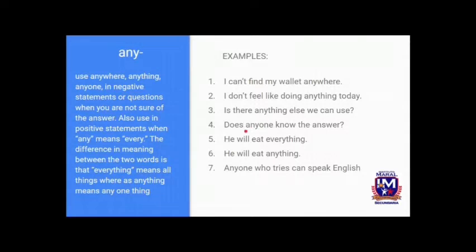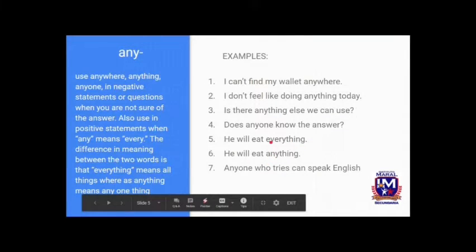Now, it is possible to use any when you are using a positive statement. Here I put, he will eat everything. It is possible to use any in positive statements when any means every. Even though it doesn't mean exactly the same, I put the sentence right here so you can understand a little bit better. Here it says, he will eat anything.